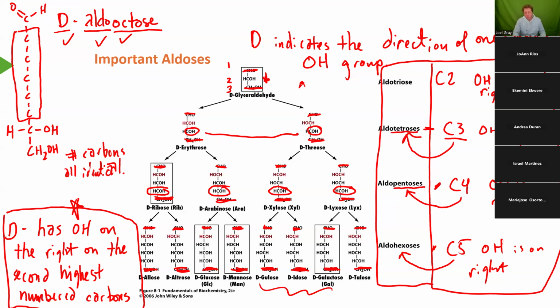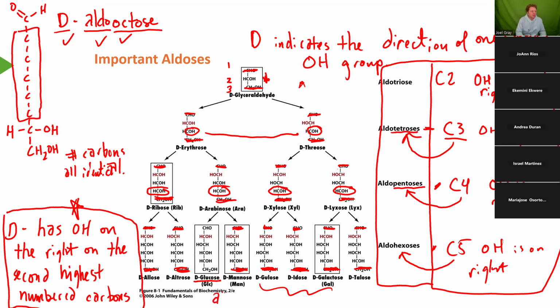And when it comes to naming, which sugar do I want you to know the structure of? This one right here, glucose. I think what's helpful when it comes to glucose and knowing the structure of glucose, know a couple of things. Well, what I'm asking you to know is the structure of D-glucose.